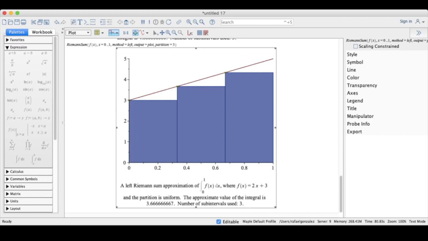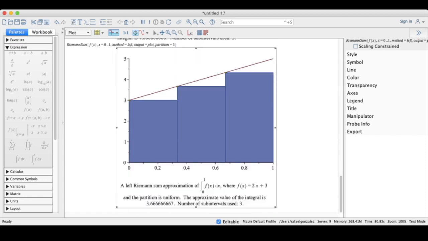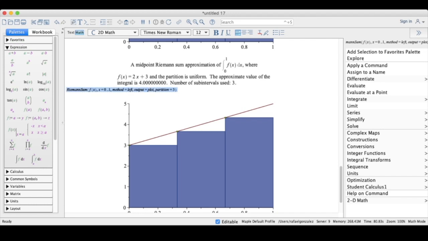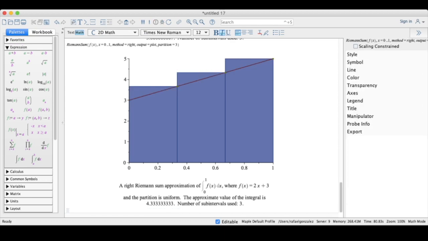So we have an underestimate of the area underneath this line. When we use the right endpoint, we'll have an overestimate of the area under the line. So if I now change the method to right, notice that I now have an overestimate of this.